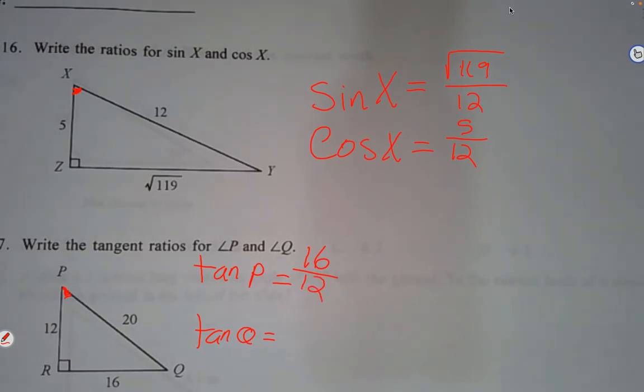I would have reduced, but they didn't. Now, if you go to the opposite side, they're basically going to flip. The tangent of Q, let me start here. Opposite over adjacent is 12 over 16. They're just flipped. I'll leave that up there for a second so y'all can write all those down.